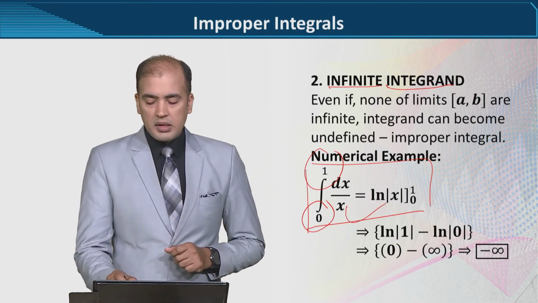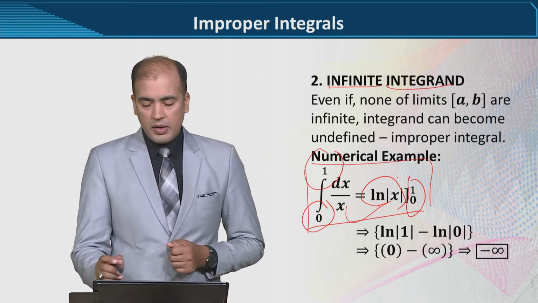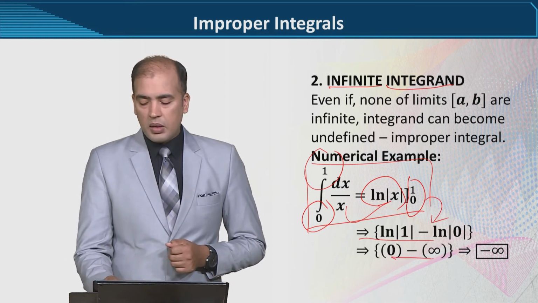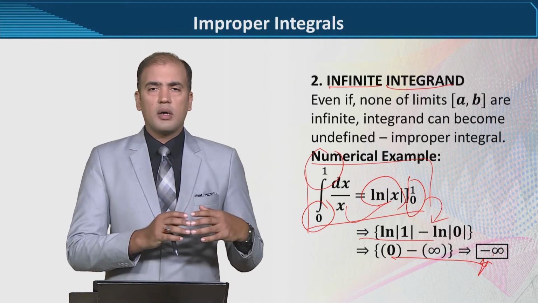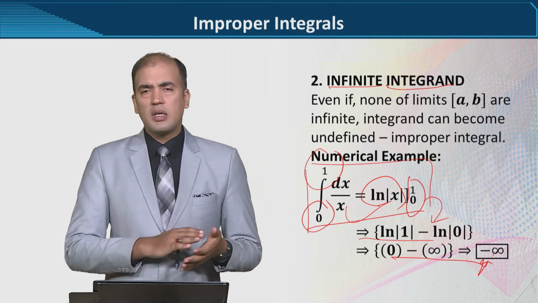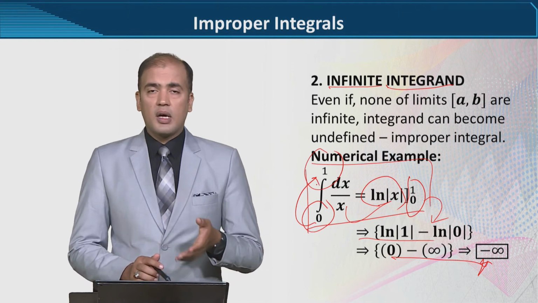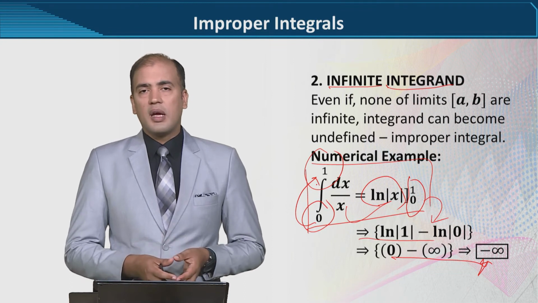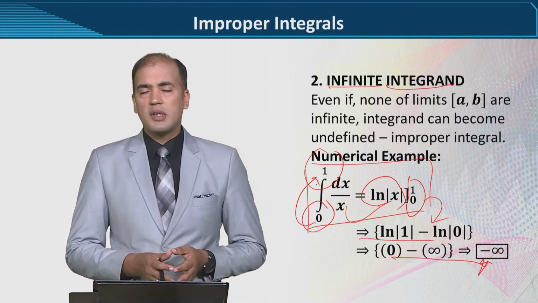You saw that the integration of 1 over x was natural log of x, which we calculated. We retained the limits as we have done before, and after that substituted the upper and lower limits. The answer we got was infinity with a negative sign. It means there was no infinity in either of the lower or upper limits. They were 0 and 1. Infinity was not there, but the answer is undefined. So this is the other possibility in which we can get an undefined answer, and we can say that this is an improper integral, which does not make much sense, especially in the arena of the economic environment.